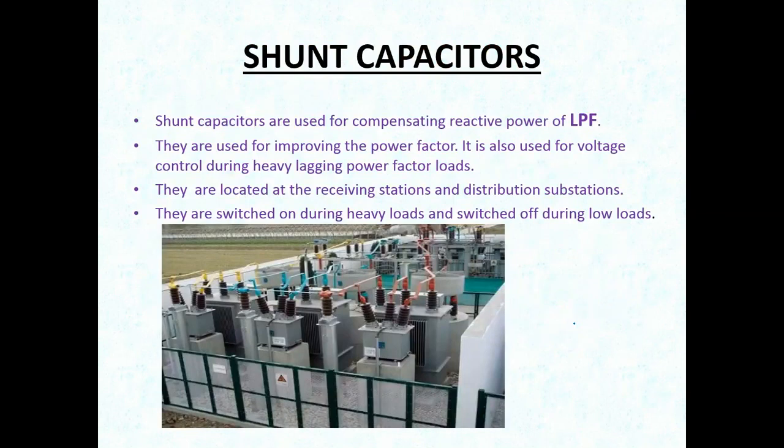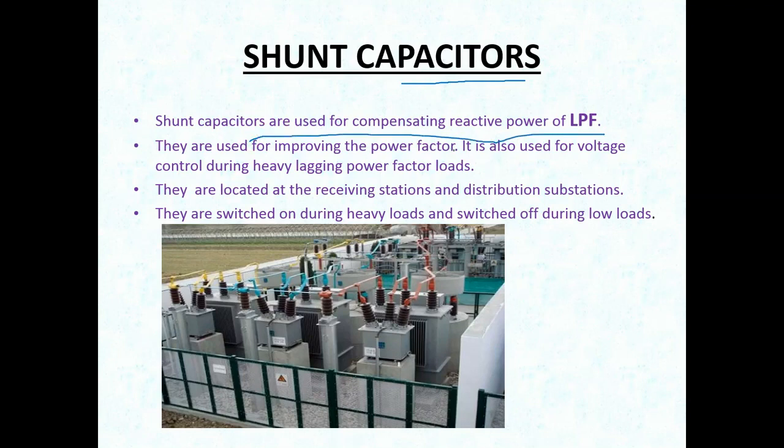Shunt capacitors are used to improve the power factor, and to improve the voltage level also by improving the power factor. They are connected as shunt. In our EDS, what is the difference between shunt and series capacitors? We will study. Shunt capacitors are used for compensating reactive power at a low power factor.